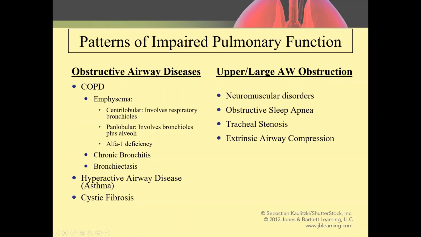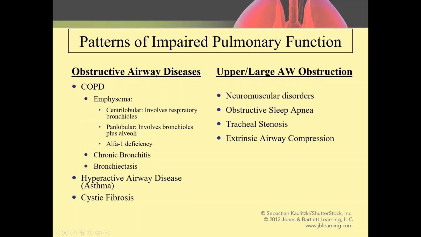Hyperreactive airways such as asthma, cystic fibrosis. There can be, by the way, a component to cystic fibrosis that's about fibrosis in the end, where the compliance actually drops as well. So it's both a restrictive and an obstructive, but in the mid and earlier stages, it's more obstructive.